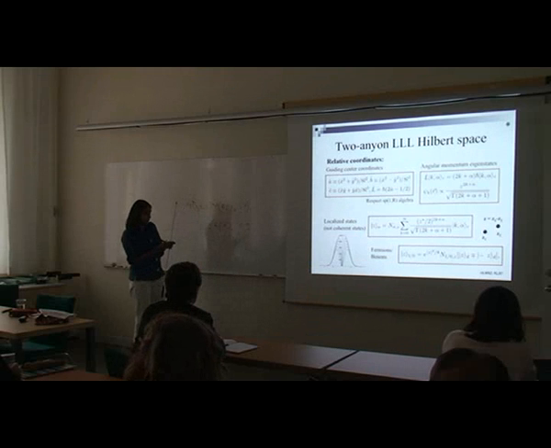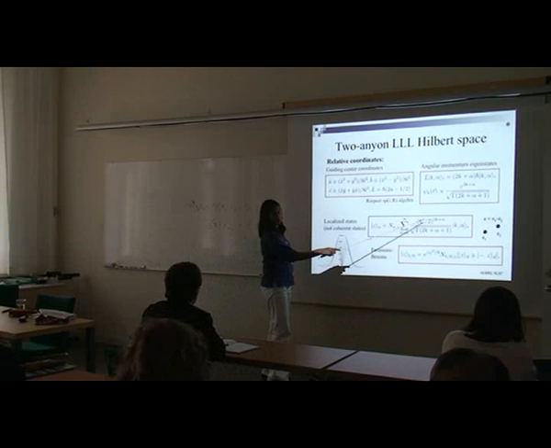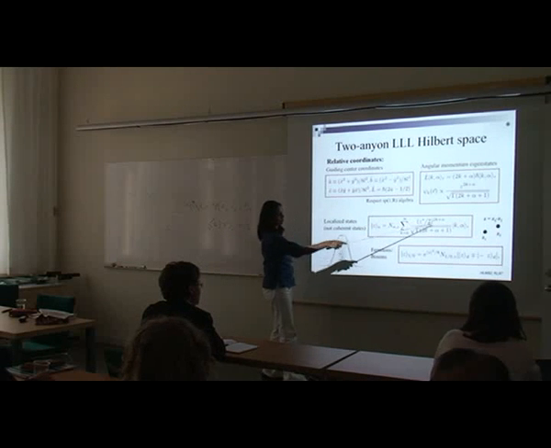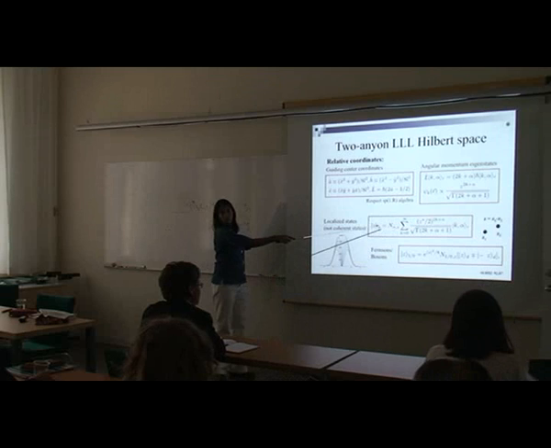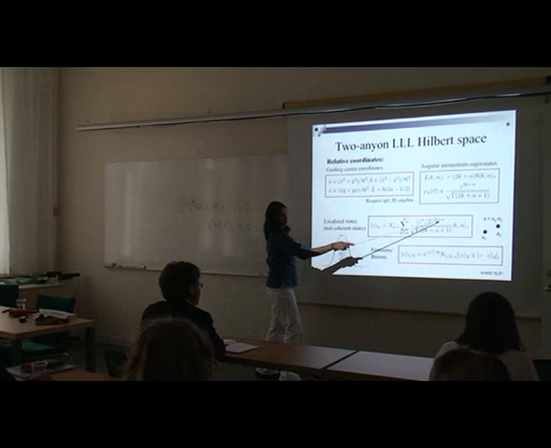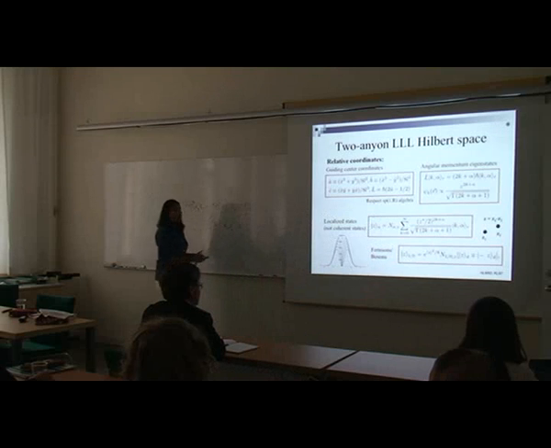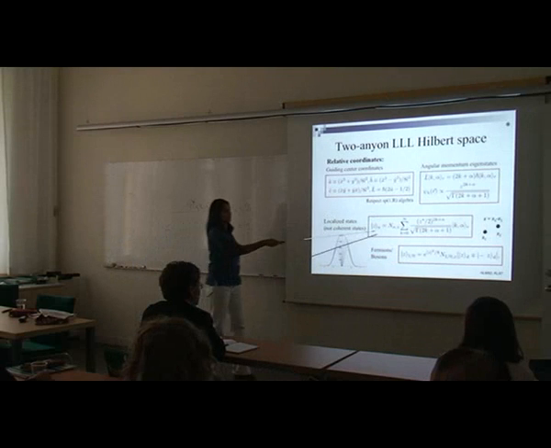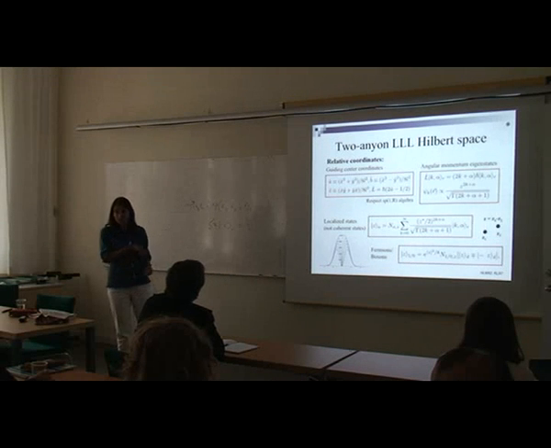And then the other thing you can see is that in this thing, when z goes to minus z, it picks up e to the i pi alpha. So this thing I just take to be real, and then you can see that the anionic factor is coming in because of this, when you take z to minus z, for example. I should mention that this normalization itself has really interesting properties of fractional statistics coming into play.